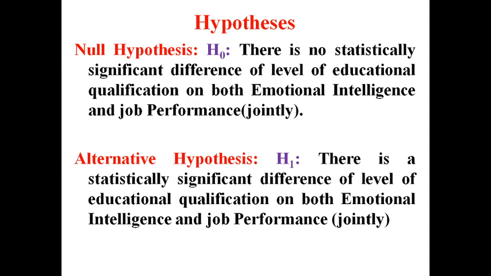The null hypothesis is H0, there is no statistically significant difference of level of educational qualification on both emotional intelligence and job performance jointly. The alternative hypothesis H1, there is a statistically significant difference of level of educational qualification on both emotional intelligence and job performance jointly. So these are our null and alternative hypotheses.